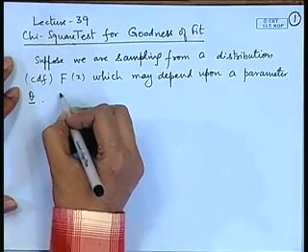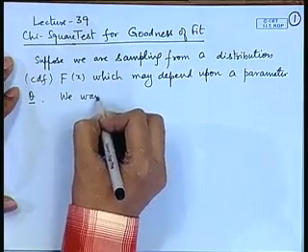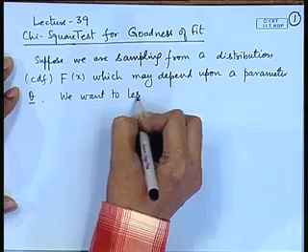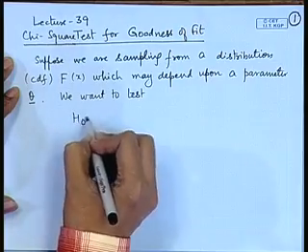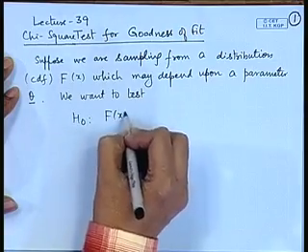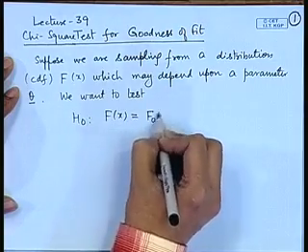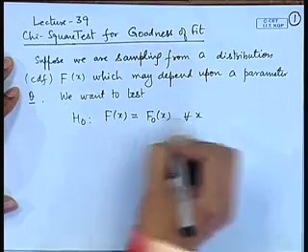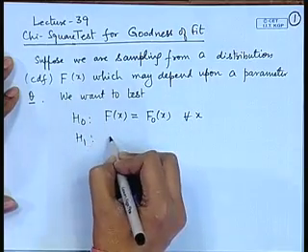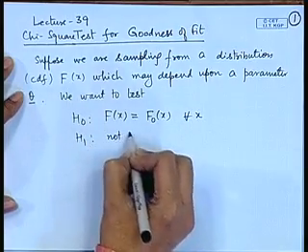So, we want to test, say, H naught: F(x) is equal to F naught(x) for all x, against H1: not H naught.